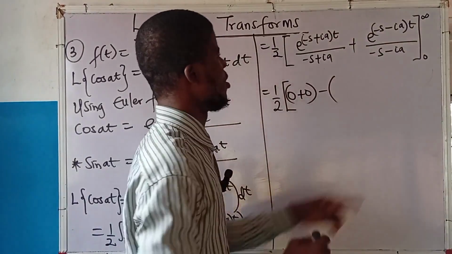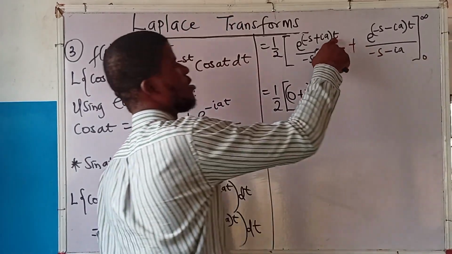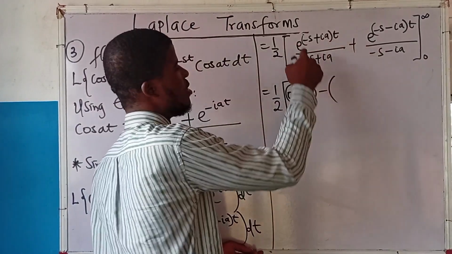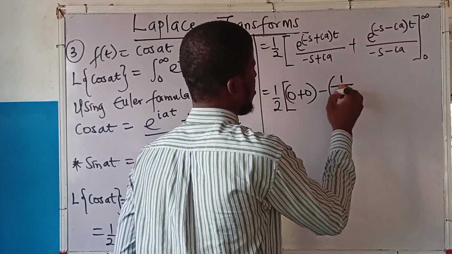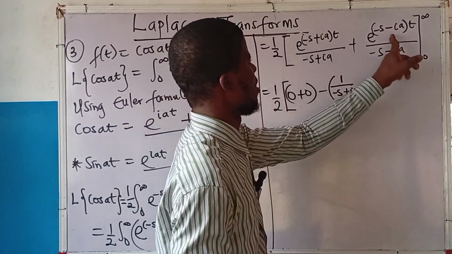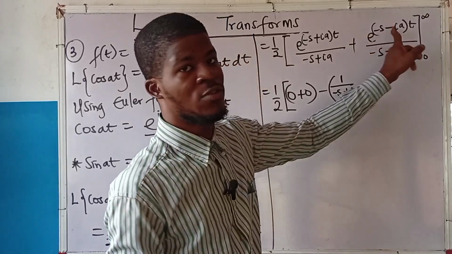minus, plug in the lower limit here. If 0 enters for t, everything becomes e to the power of 0, and e to the power of 0 is 1. So I'll be having just 1 over minus s plus ia. Then if 0 enters here, everything becomes 1 because e to the power of 0 is 1.